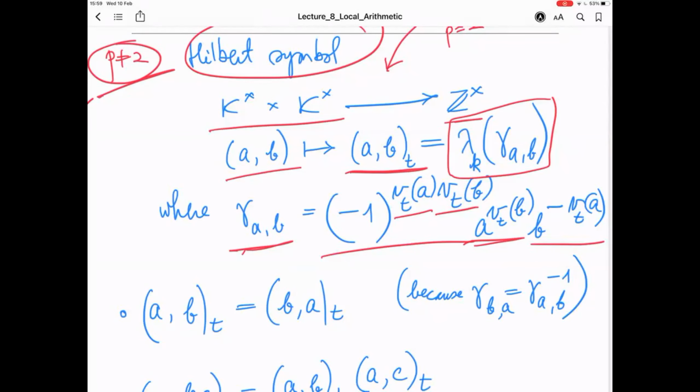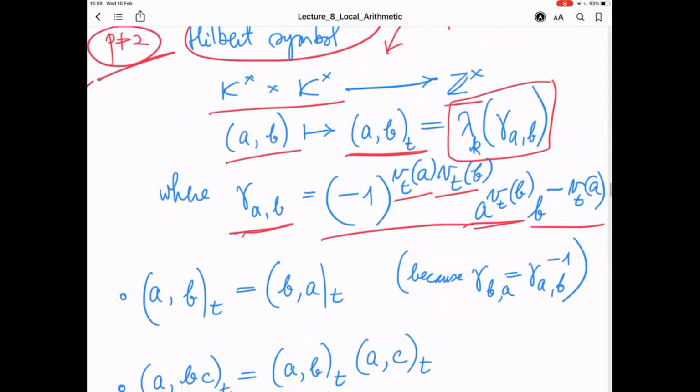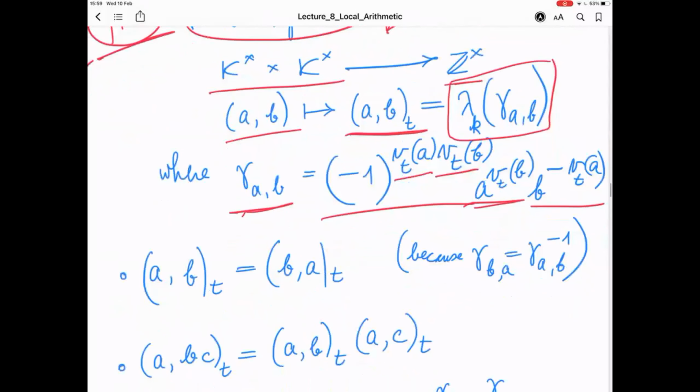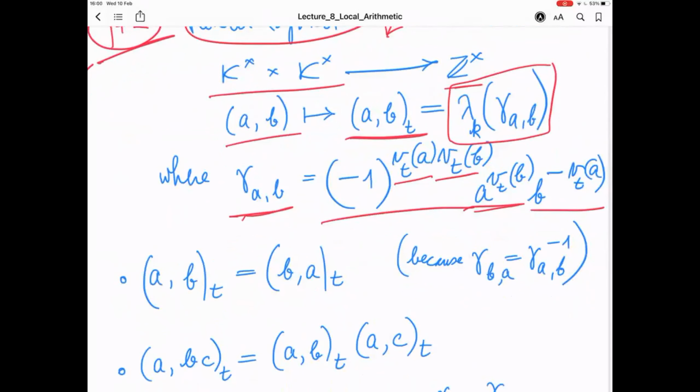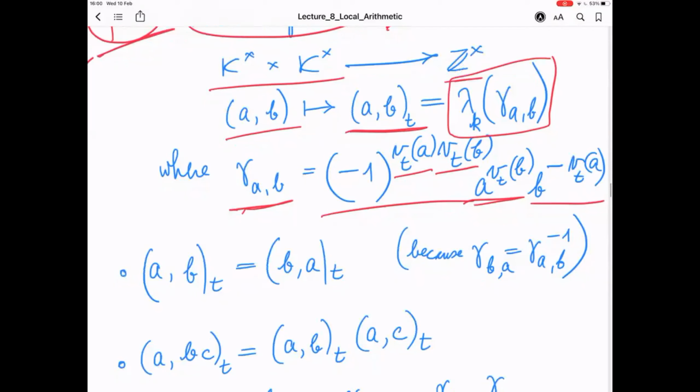So you see, here, this is an explicit definition. It has not been motivated. Meaning, I have not told you why we are defining it, but towards the end of the lecture, it should become clear what use this Hilbert symbol is. So you just have to have a little patience, and we'll see that it's very useful.